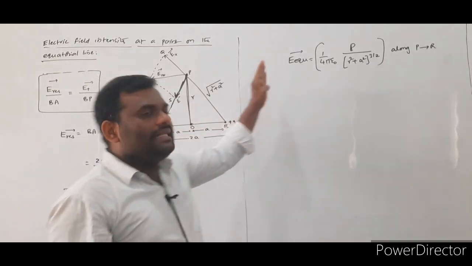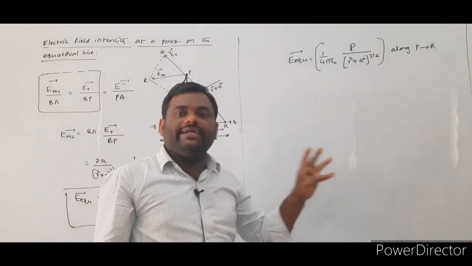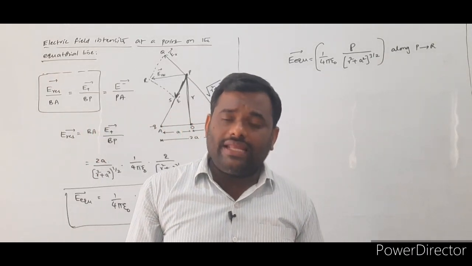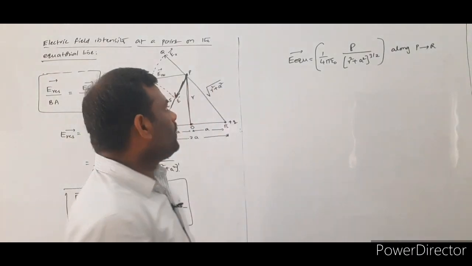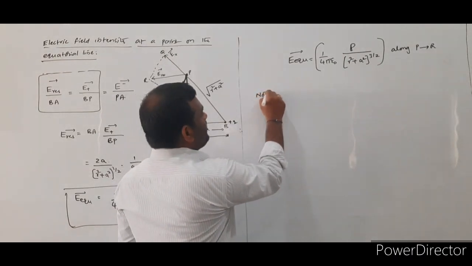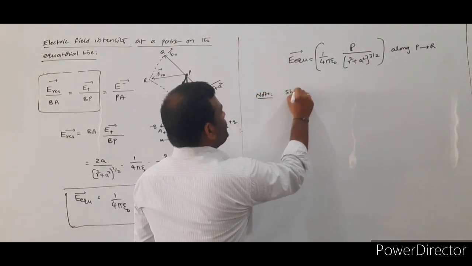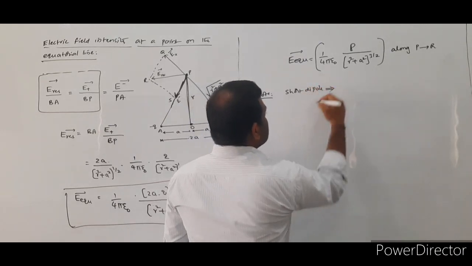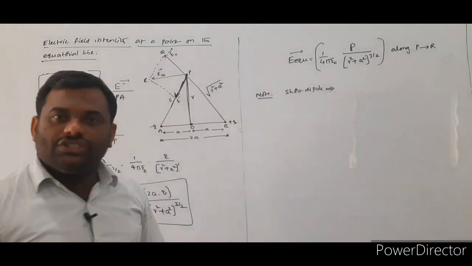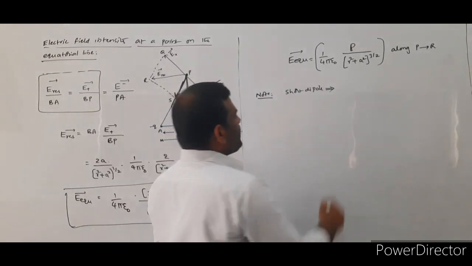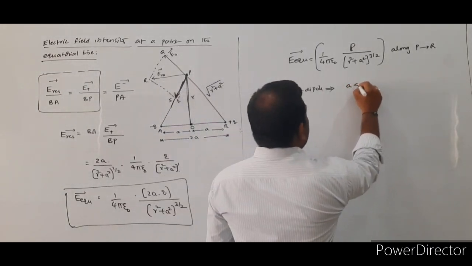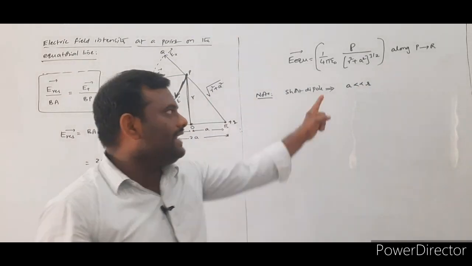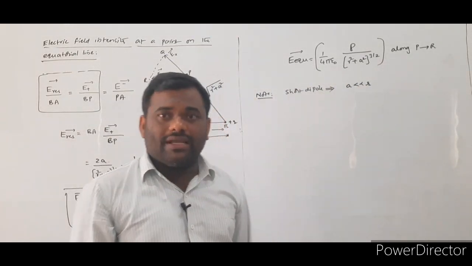So this is the general expression for the electric field intensity at any point on the equatorial line for a given electrical dipole. Now note, here we are assuming that it is a short dipole. Whatever the dipole we consider, which type of dipole is that? Short dipole. What is the meaning of the short dipole? It means the value of small a will be much smaller than r.